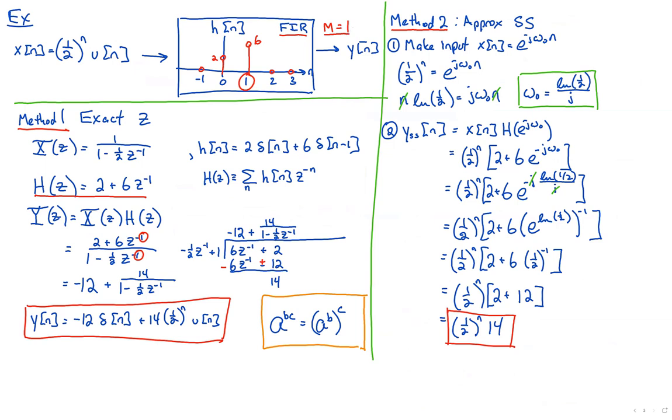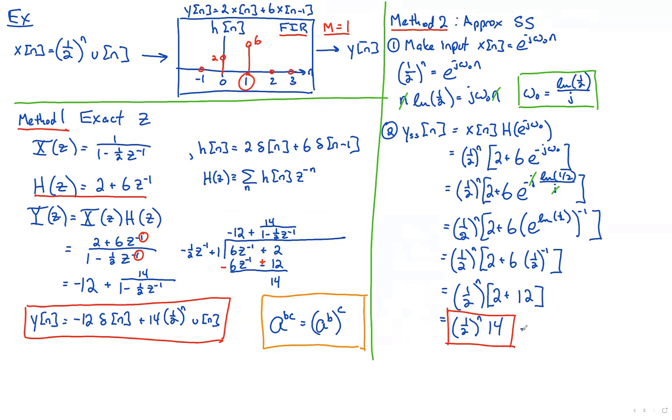If we were to write this as a difference equation, I'll write it up on top of here, it means our current output is equal to 2 times our current input plus 6 times our past input. And so since this is -1, our capital M is +1.